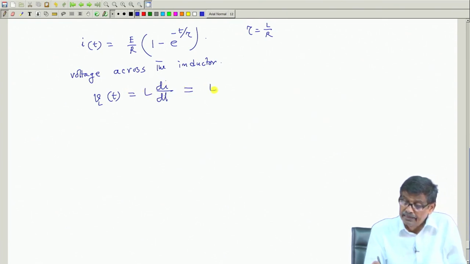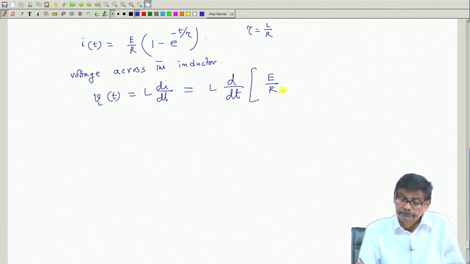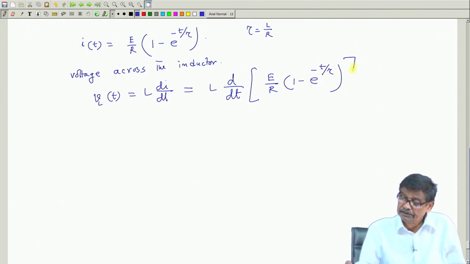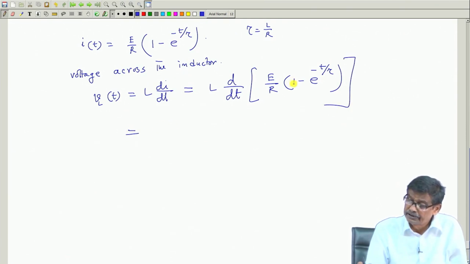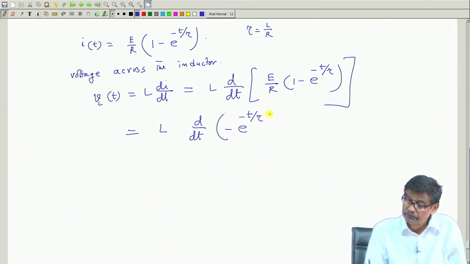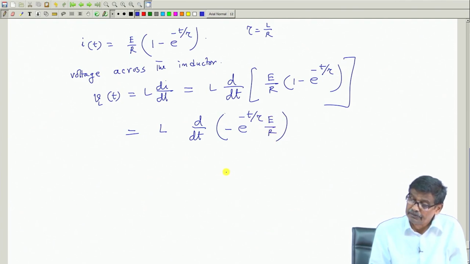So, L d/dt of this quantity, E by R into 1 minus e to the power minus t by tau. Now, if you differentiate, the first term is constant, it goes. So, it will be L into d/dt of minus e to the power minus t by tau into E by R.